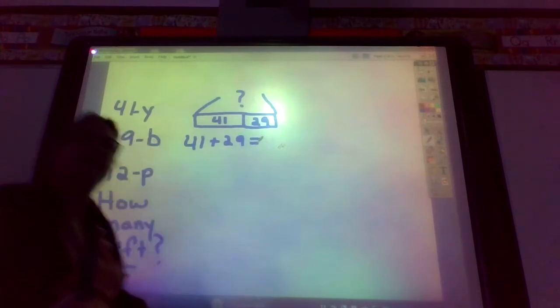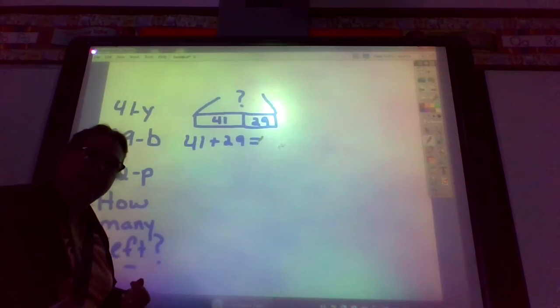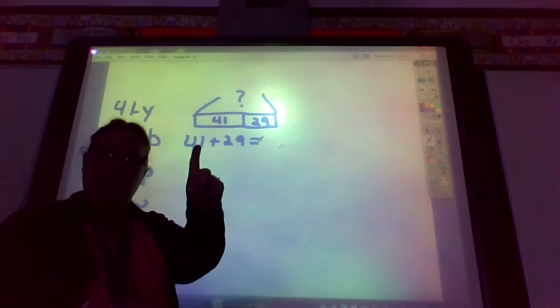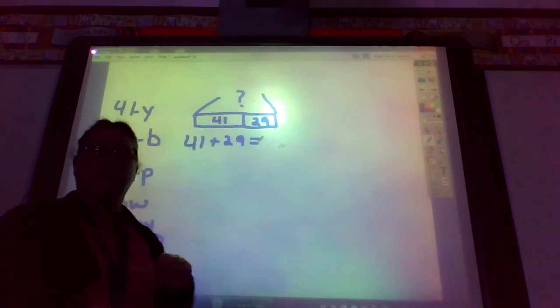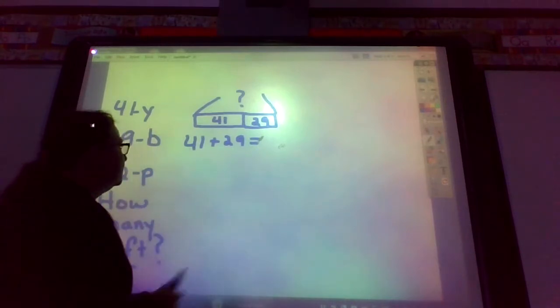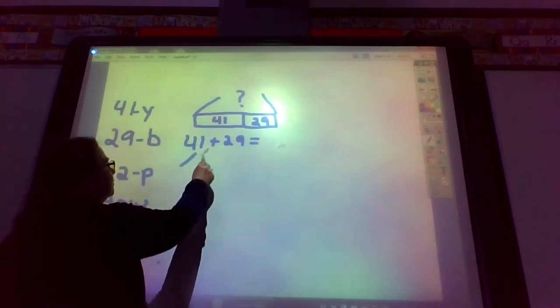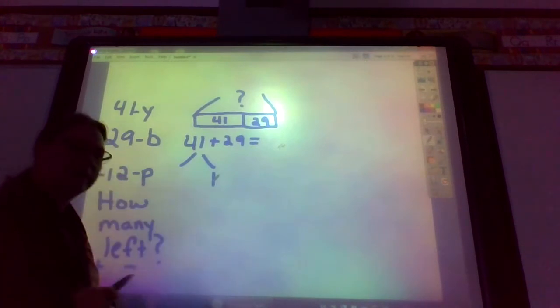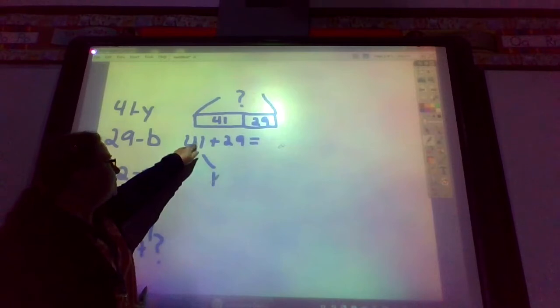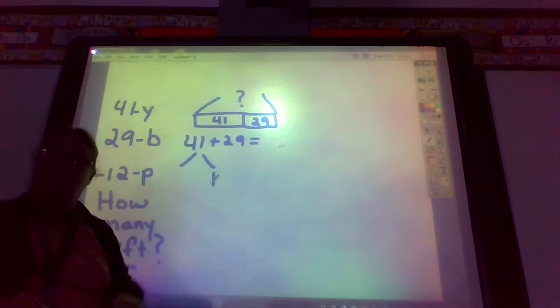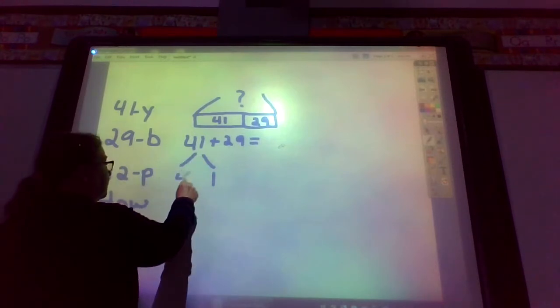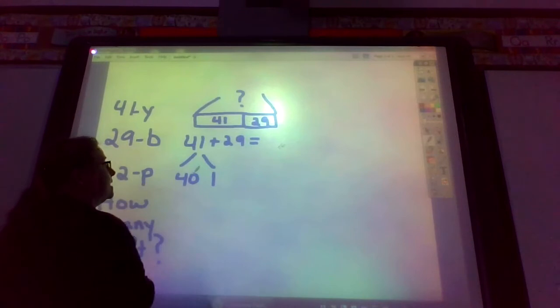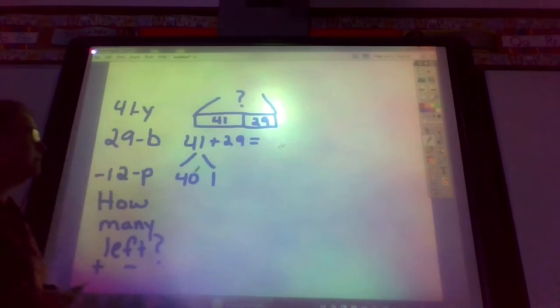How many more do I need to add to 29 to get a 10? I only need to add 1. If I add 1 to it, then I'll get my 10. So, I'm going to pull out 1. If I take 1 out of my 41, I have 40 left. Okay, now I can make my addition problem.